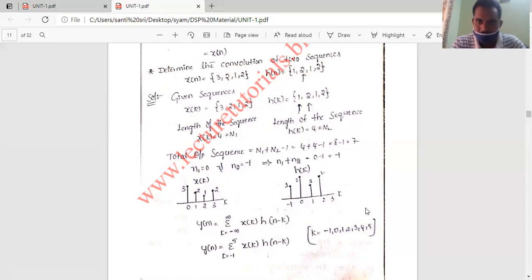Okay, we'll take 7 elements, 1, 2, 3, 4, 5, 6, 7, right? So it starts from minus 1, not from 0. We will take the two sequences, so minus 1, 0, 1, 2, 3, 4, 5, like that. It starts from minus 1 and takes 7 elements. Okay, so k equal to minus 1 to 5, x of k into h of n minus k.